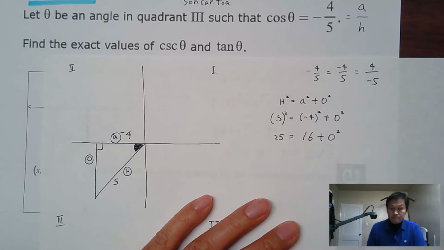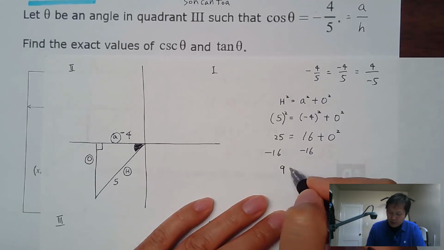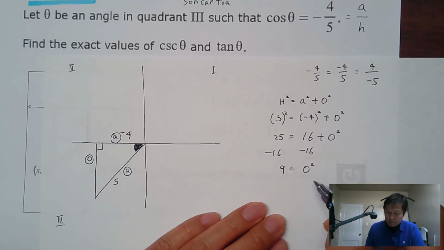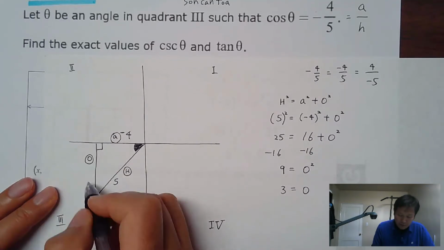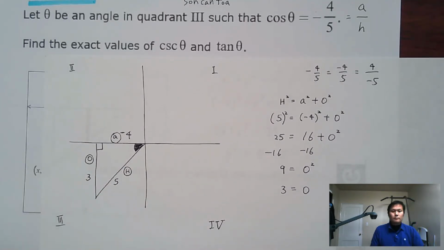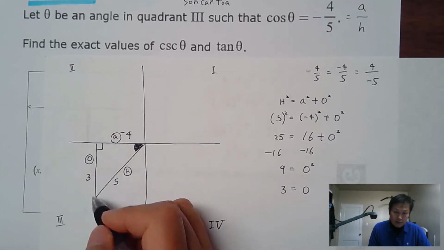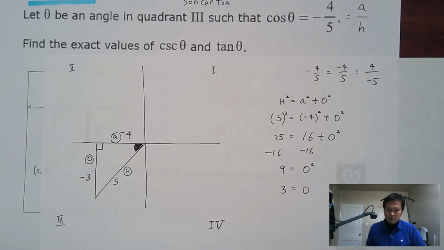So 25 minus 16, you get 9 equals opposite squared. Take the square root of 9 and the square root of opposite squared, so 3 equals opposite. We calculated the length of the opposite as 3. Be very careful: we went down, and down is minus, so you have to attach a minus. Then we are ready.